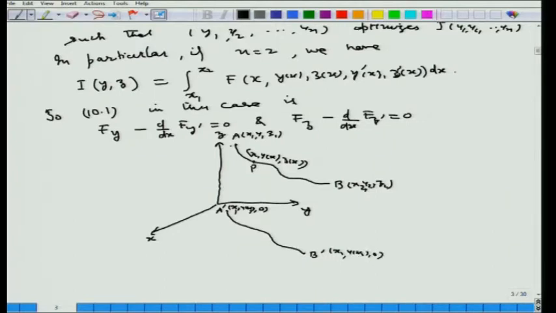And if you project this onto the xz plane, you have a double dash here and b double dash here. So, this is the z(x) curve which is in the xz plane, and this is the y(x) curve.